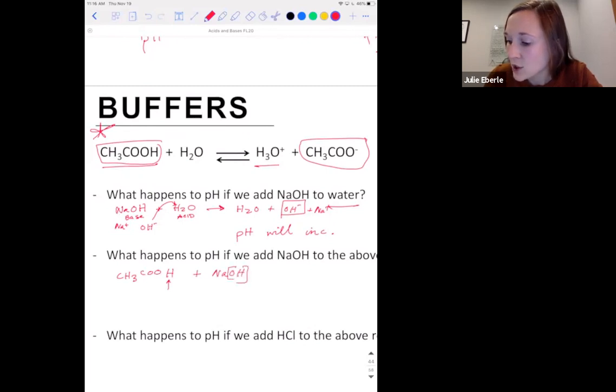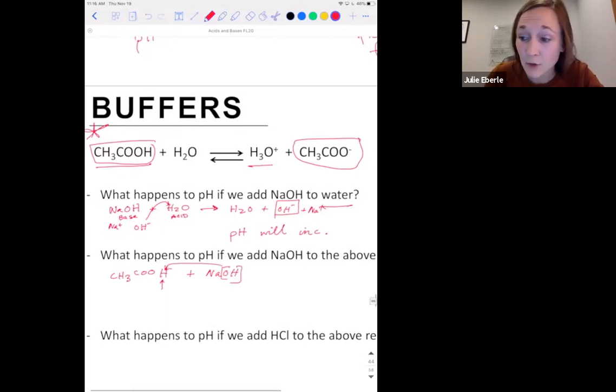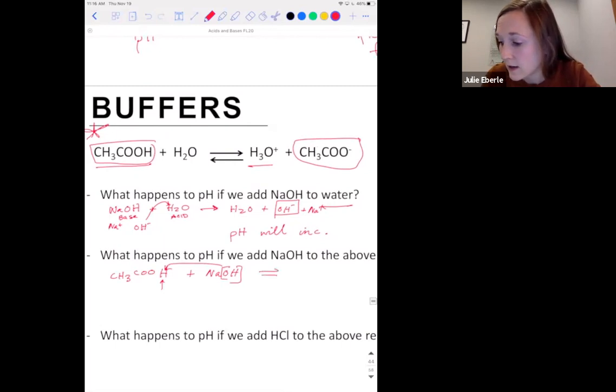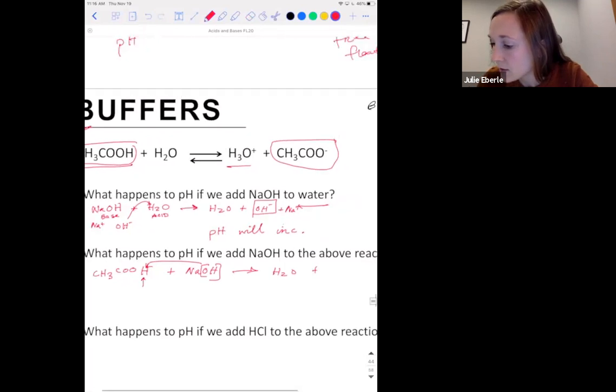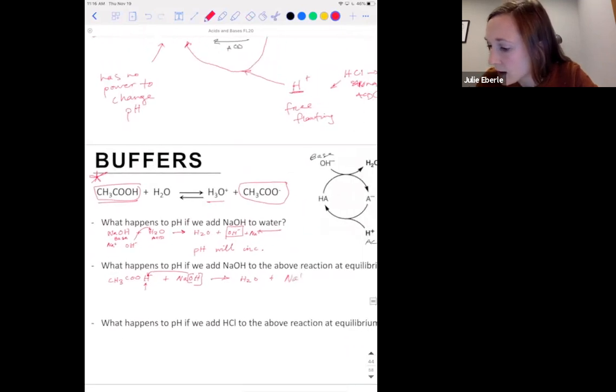So the OH portion of this base would grab this hydrogen, and acetic acid would gladly donate it to neutralize the hydroxide. And we're going to make water. Actually, we have a strong base here, so we should not write an equilibrium. We should write it all this way. We're going to make water, and we would also make the sodium ions and CH3COO minus.